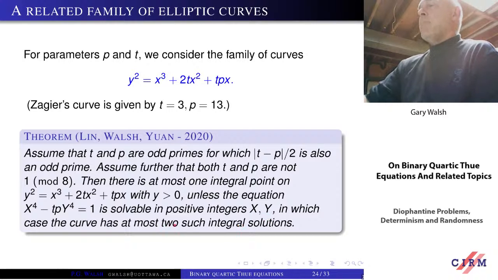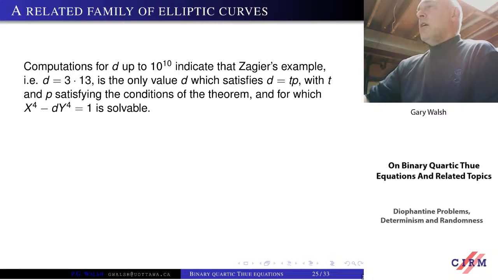And if that were to happen, there may be as many as 2 solutions, but no more. And so we're back with our quartic equation once again. It rears its head.